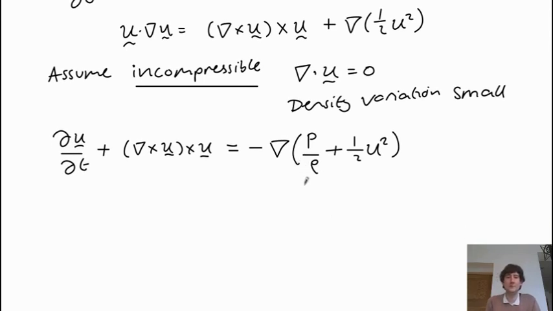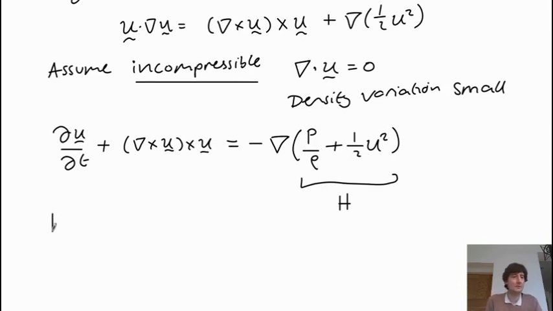This is quite an important quantity. This is called h, the head of pressure. Essentially this is a combination of a pressure kind of term and what looks a bit like kinetic energy. So if you multiply h by rho, this becomes a bit clearer. So this is pressure plus a half rho u squared. Now this term appears in many different places.